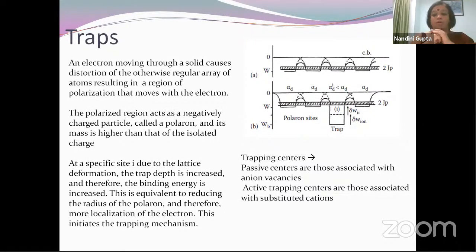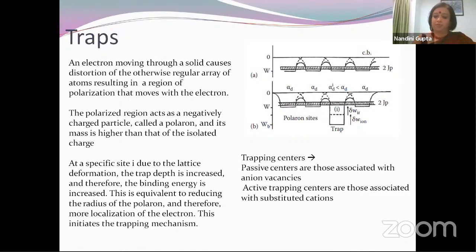When you have a local disturbance of the charge scenario, you can imagine that a kind of polarized cluster is formed. There is a very small region around the electron. An electron is a very, very small particle. So we are talking about a microscopic situation where you have a small electron, and around that electron you have a kind of polarized region.